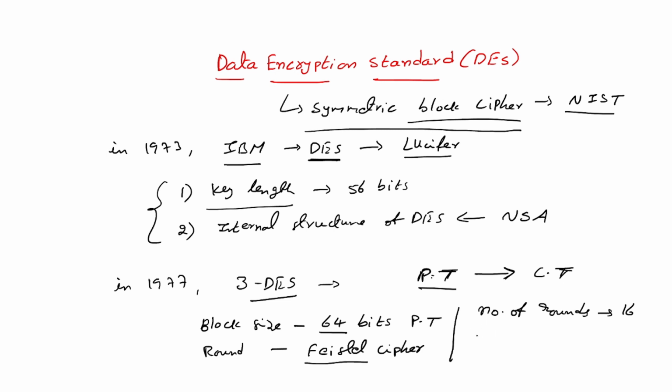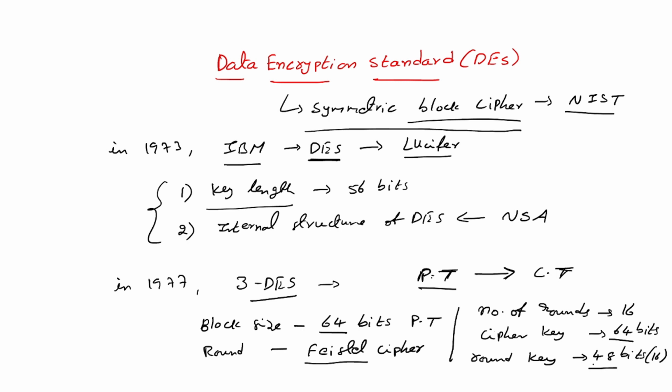And the cipher key is 64 bits, and the round key size is 48 bits. The key will be used to generate 16 48-bit keys, which are the sub keys.